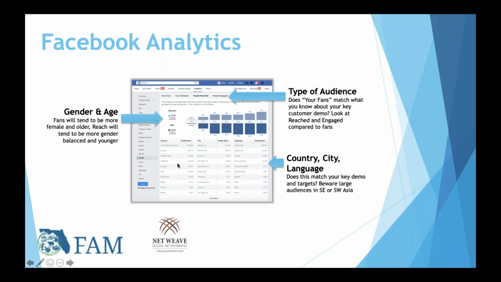This will also show you your most popular countries, cities, and languages. Especially here in Florida, you may want to take a look at your language breakdown. Maybe you have a significant amount of Spanish speakers in your audience. If so, you might try an occasional post in Spanish. If you have more than 10,000 folks on your Facebook page, you have the ability to target your posts.